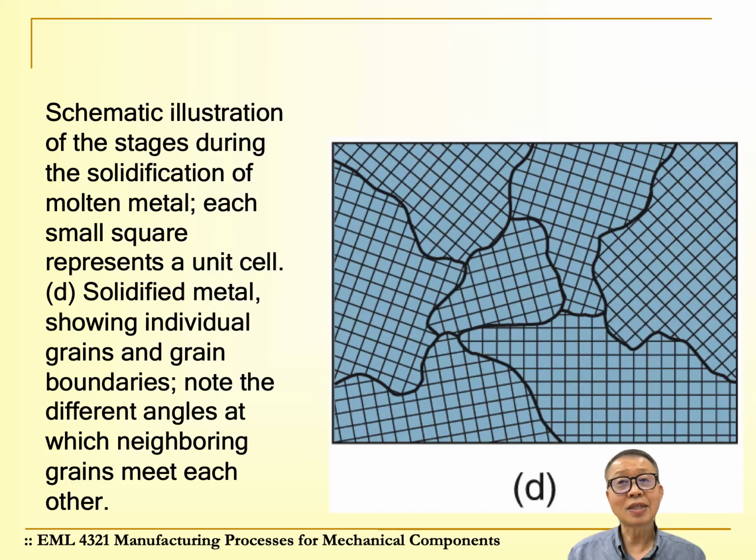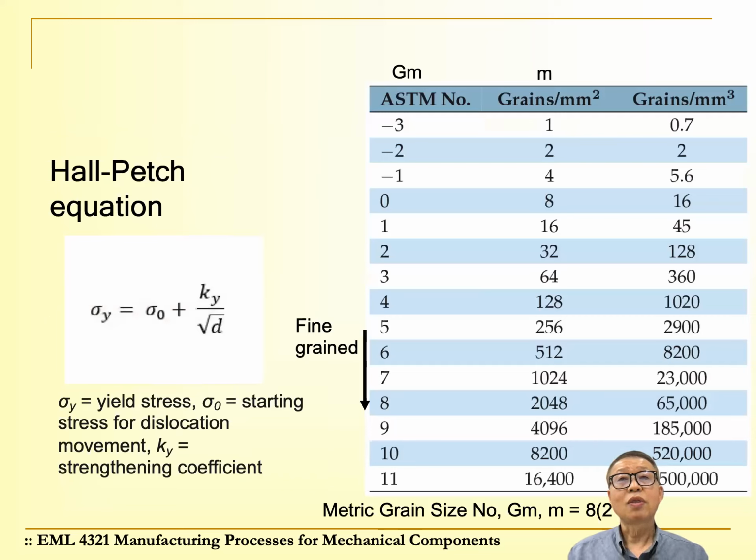So in essence, these grain boundaries become the barrier for dislocation movement. So when we have a lot of grains, then we can expect a great degree of impediment by a lot of grain boundaries.